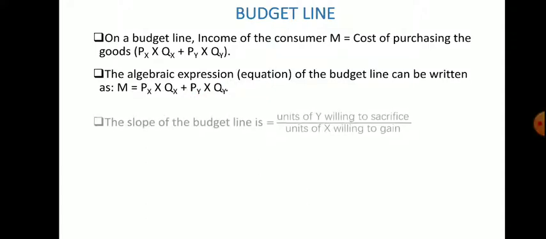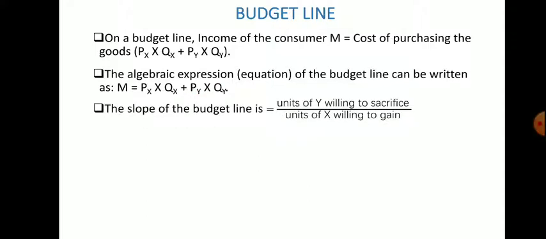Now, what is the slope of this budget line? The slope of this budget line is equal to what? The units of commodity Y the consumer is willing to sacrifice divided by the units of X willing to gain. Here we have considered X and Y, that is why we have named it this way. If you consider other names, you can put those names.